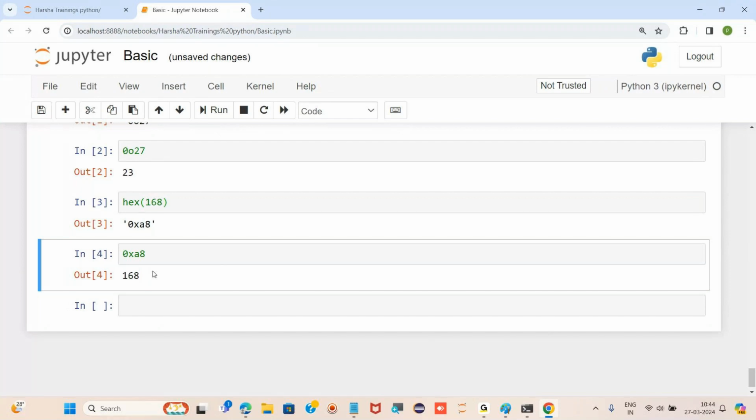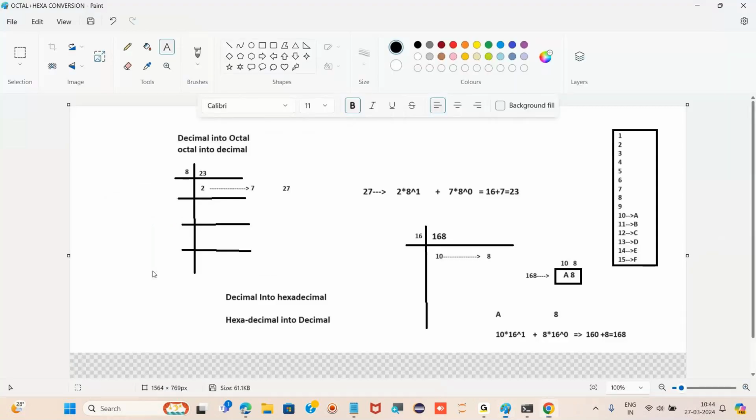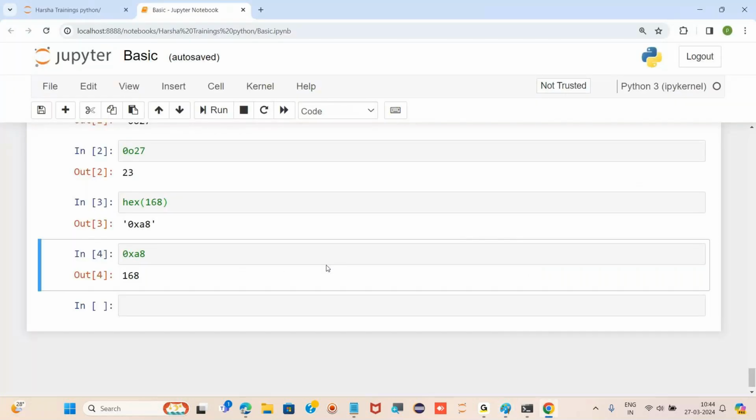Are you getting my point? This is how we can convert decimal into another number system like octal, binary, hexadecimal, and again we can do the same vice versa.